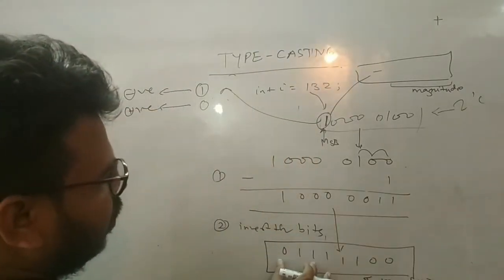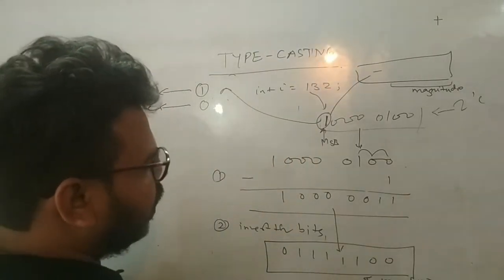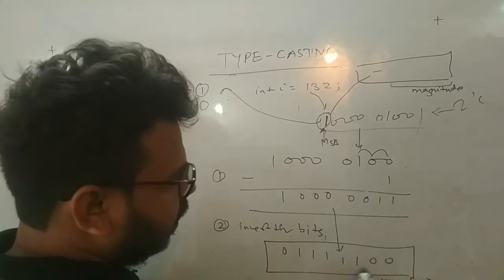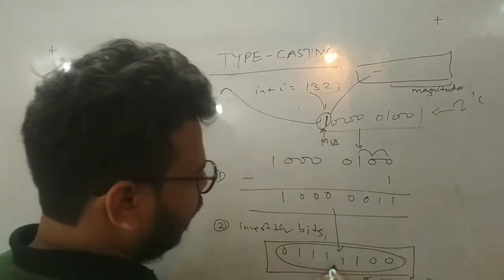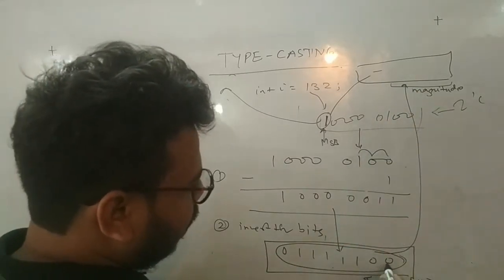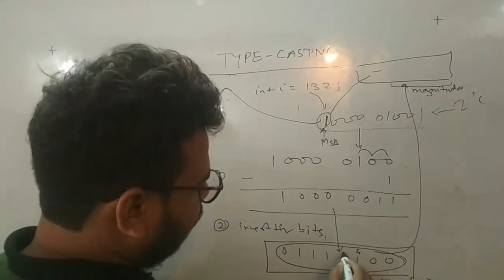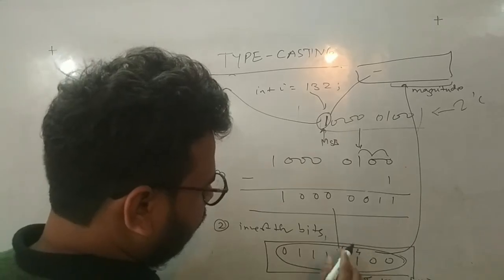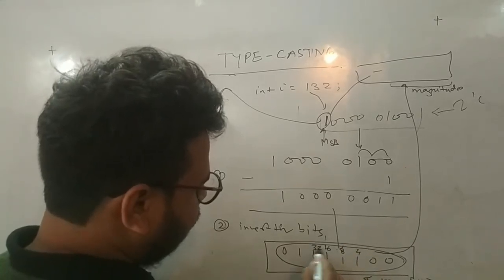Now you can see here 0 1 1 1 1 1 0 0. So let's convert this value to decimal. Here we have 1, 2, 4, 8, 16, 32, 64.